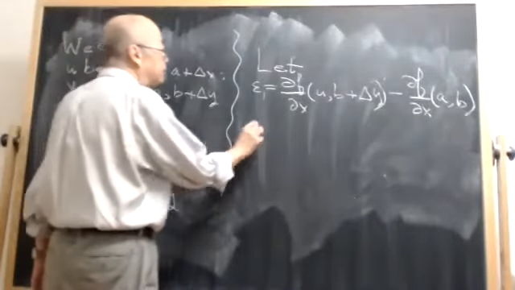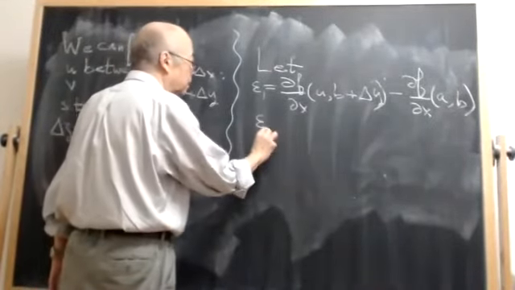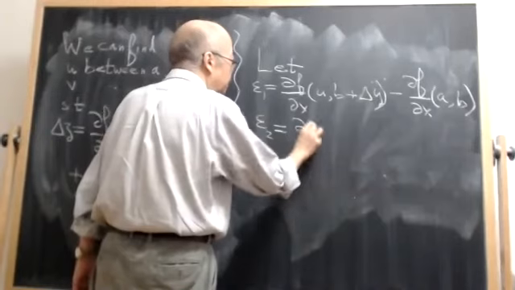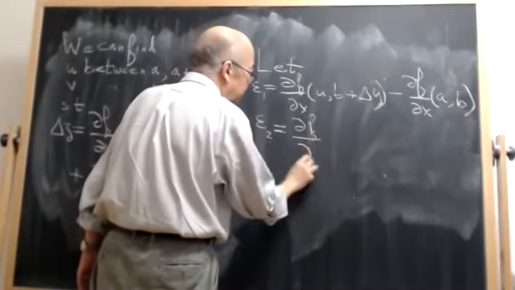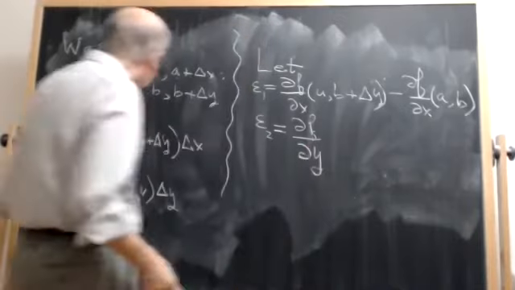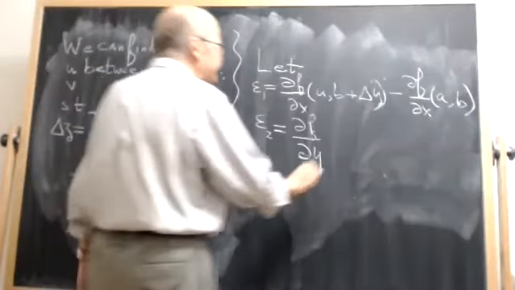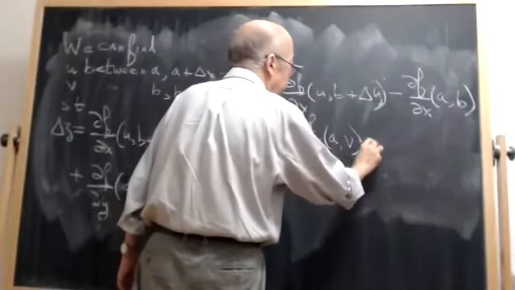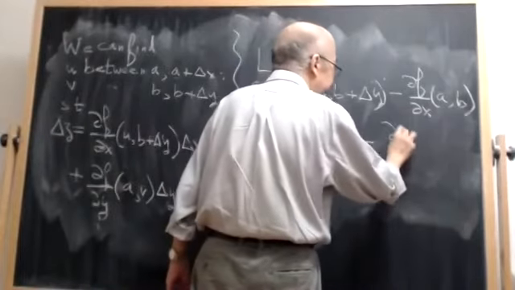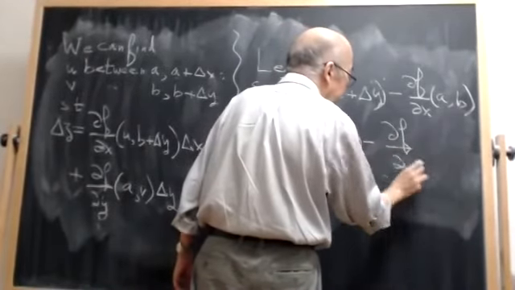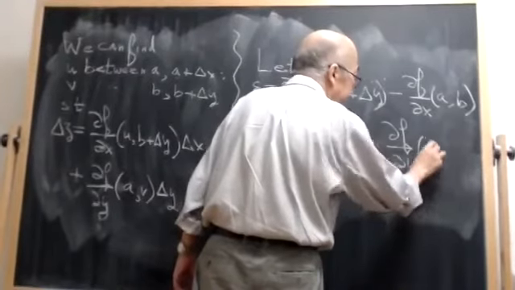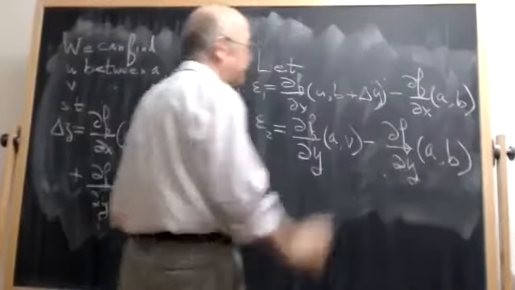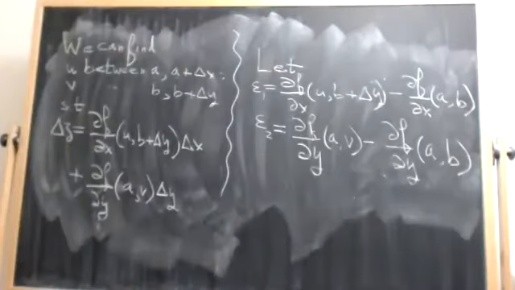And epsilon 2 to be df dy at av minus df dy at ab. These two numbers are the important thing.